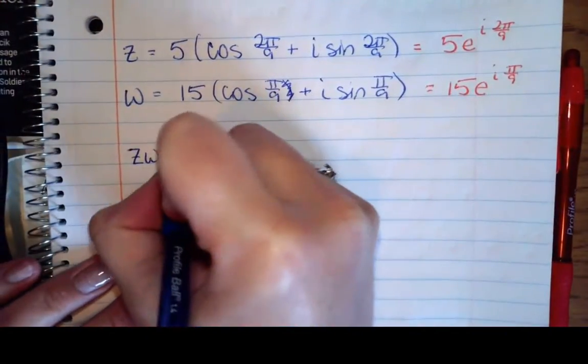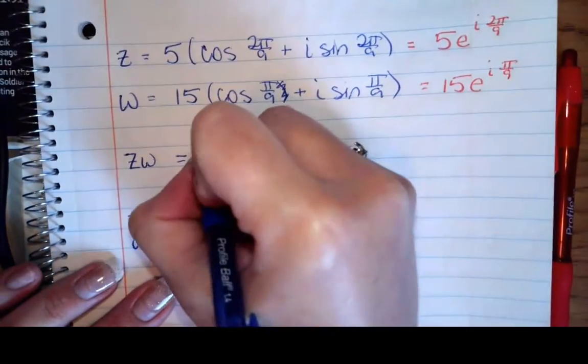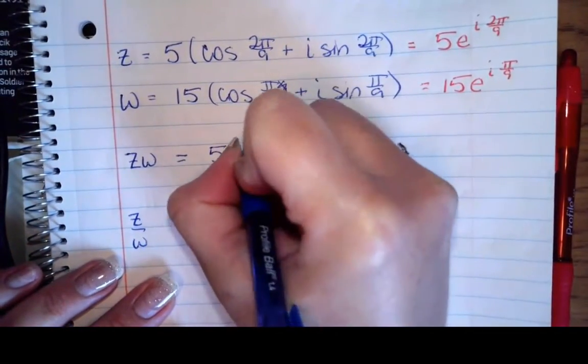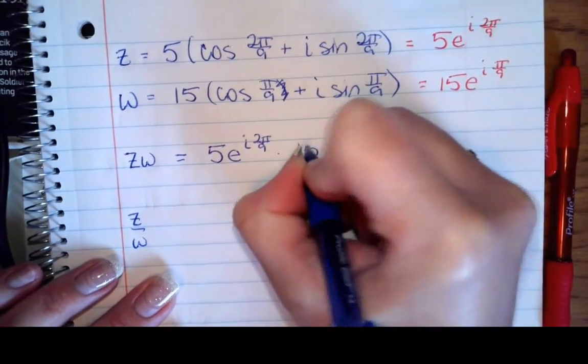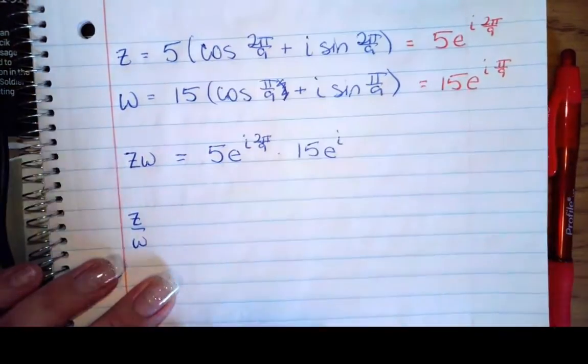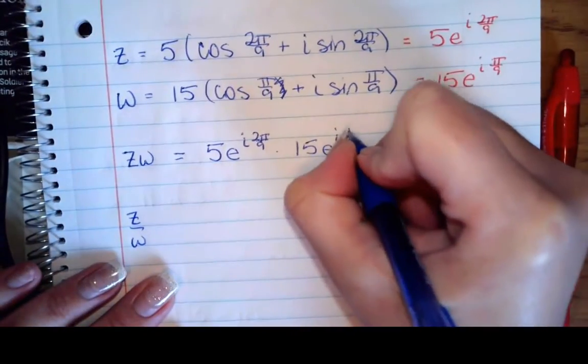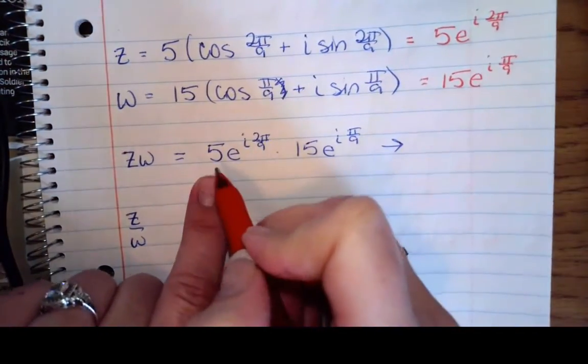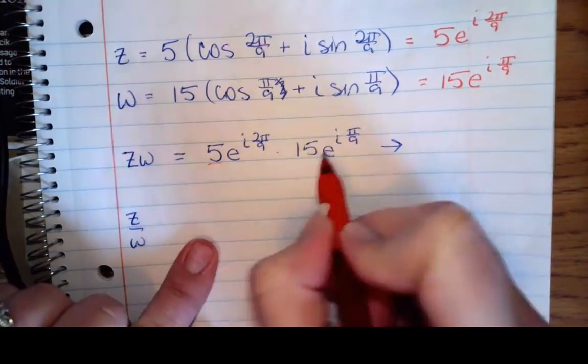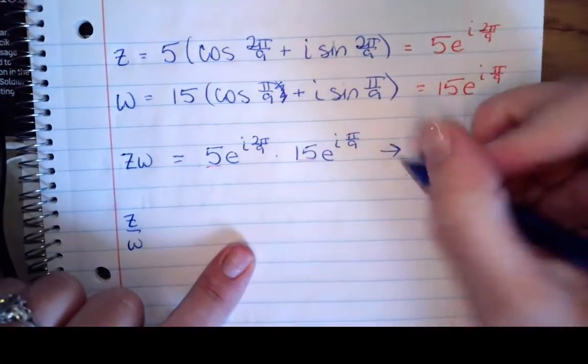If I want to take z times w, my z is 5e^(i2π/9) times my w, 15e^(iπ/9). And this is what I was screaming about earlier in the previous video. 5 times 15 is 75.